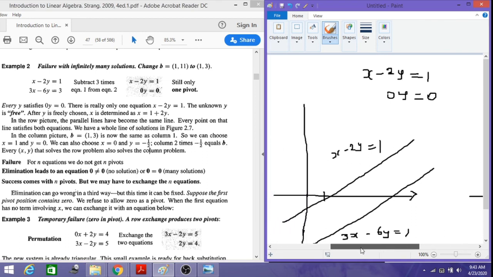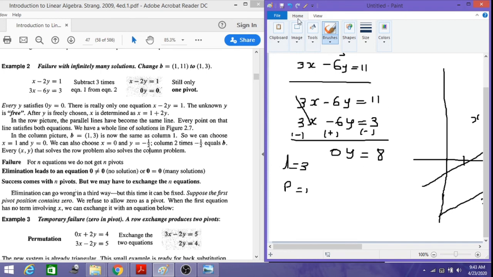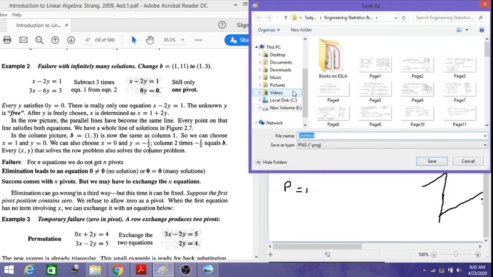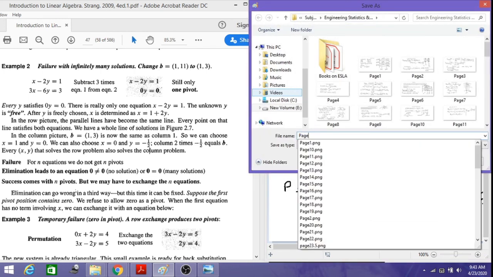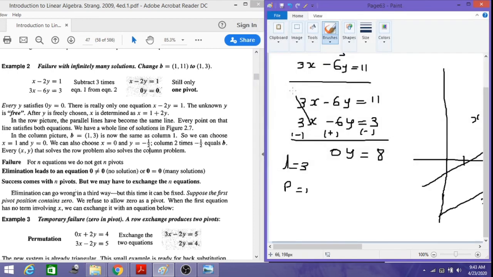That's it. So let us highlight a few points here. Let me save this page, page 63 here.